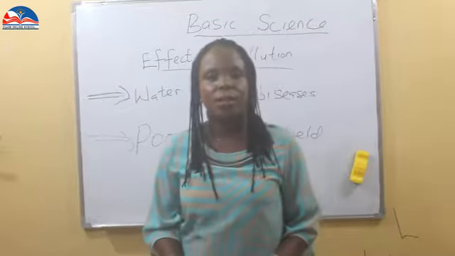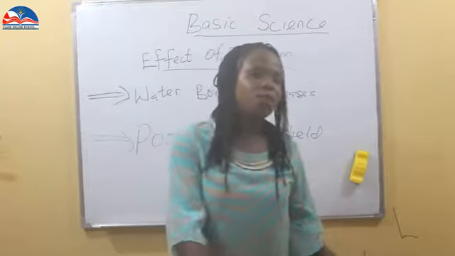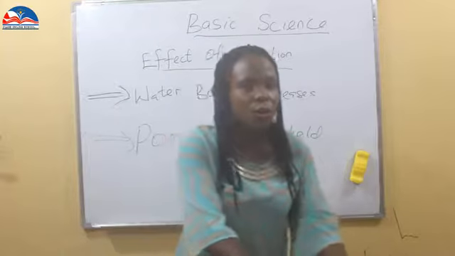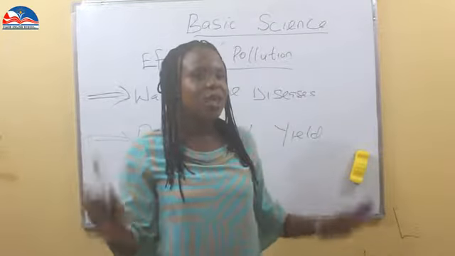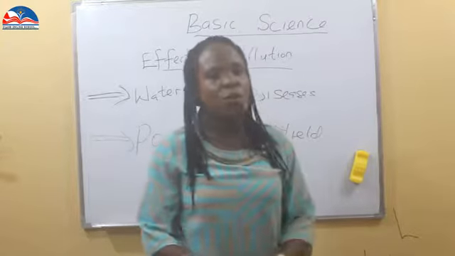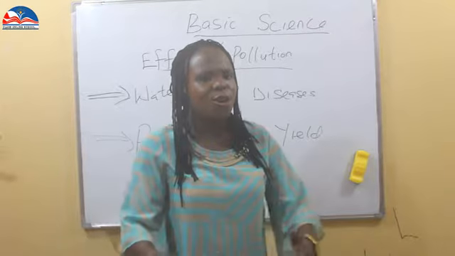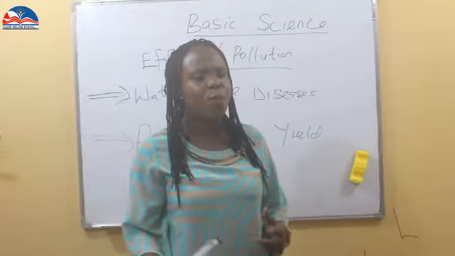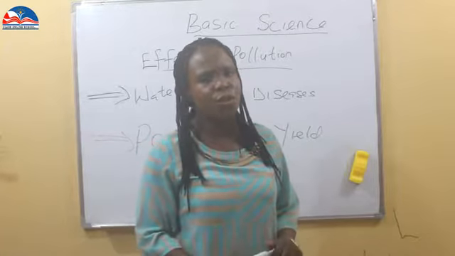Take for instance, if toxic substances are deposited on land, on the soil, and the soil has been rid of its natural nutrients, toxics have been introduced into the soil, and now the soil cannot give us its full potential because something has drained off its nutrients.